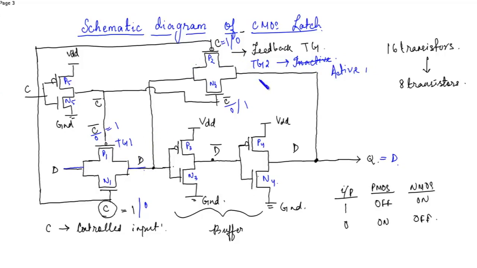So now what will be seen in the output? Because this input is not passed to this transmission gate, whatever the earlier value of Q, the previous output, will be seen in the next output. So this is the operation of the D latch.